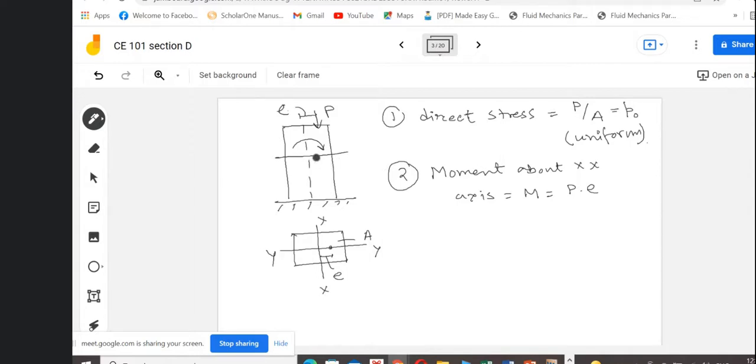So the section is having some bending moment, and due to that some bending stresses will get generated. So this moment will give us some sort of bending stress on this section.